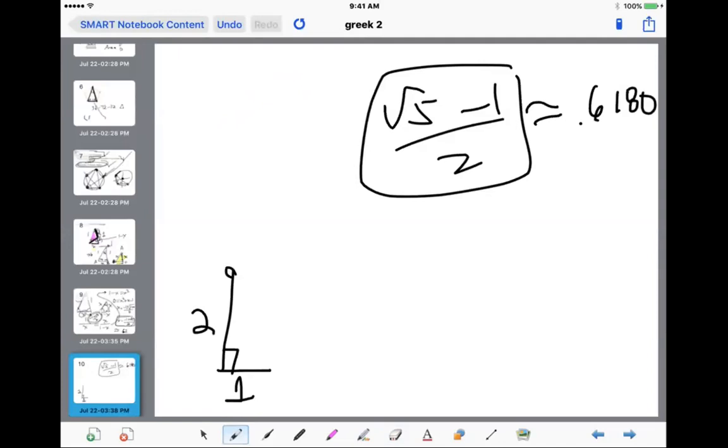Step 2, connect these 2 points. How long is the hypotenuse of this right triangle? It is the square root of 5. Well, that's convenient.